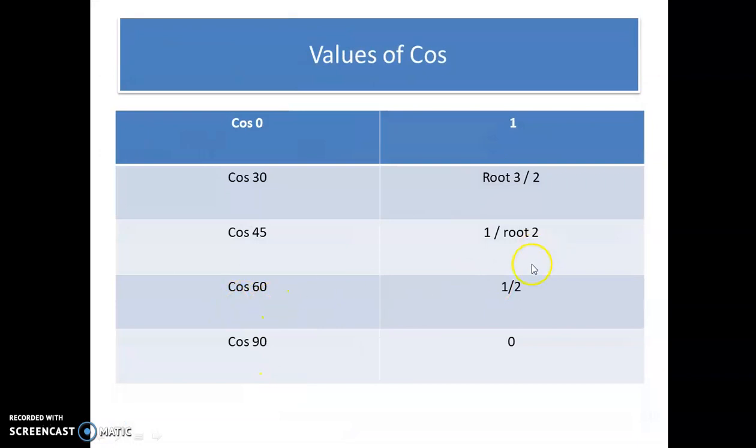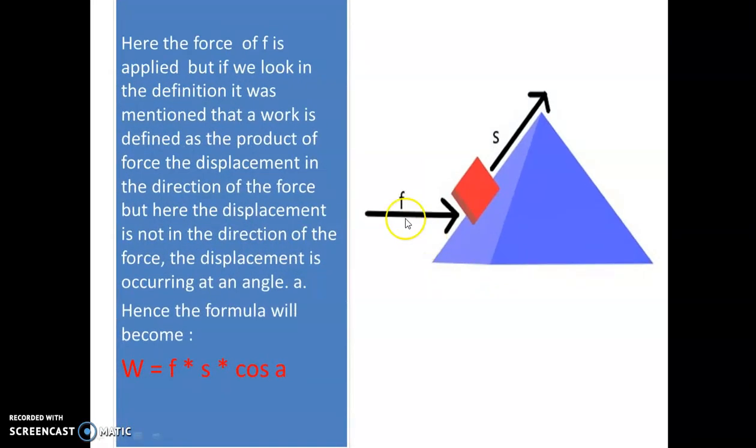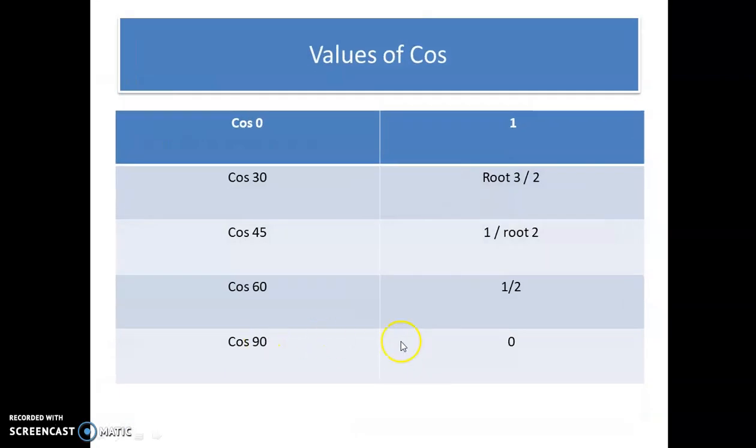If it is cos 60, it is half. Similarly, if it is 90, it is 0. This one is interesting: the value of cos 90 is 0. That means if the force and the displacement are perpendicular, the angle will be 90 here, so I write cos 90, and from the chart its value is 0.